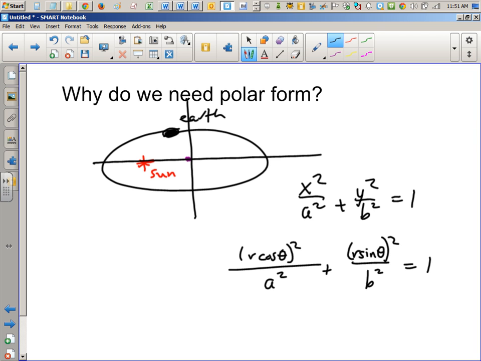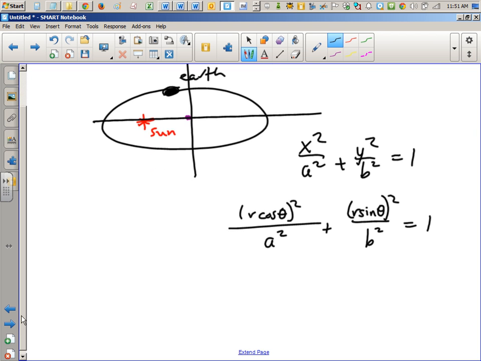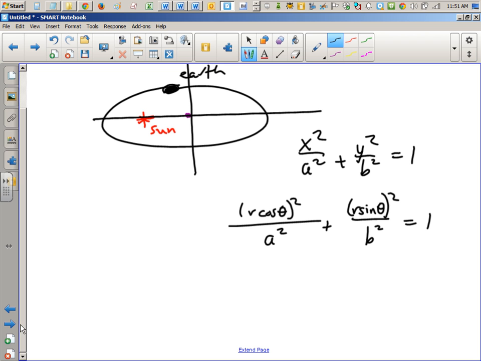You change x to r cosine theta, you change y to r sine theta. And if you begin to solve this for r, you get this. I'll skip the steps because it takes like 4 or 5 steps to even get here. But if you try to isolate r, you get this horrendous equation.